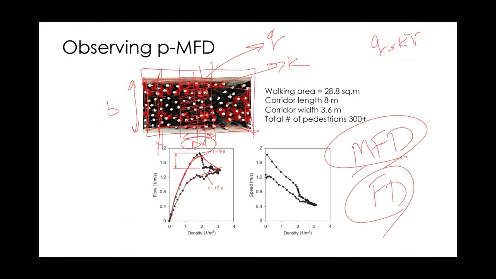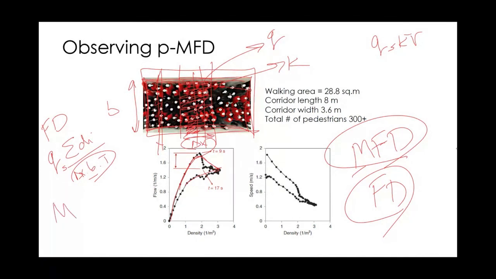Let's say I want to calculate it for the whole corridor. Using Edie's definitions, for example, flow would be the summation of the distance traveled by all trajectories. This is for the FD, multiplied by the volume of the measurement, which in this case is delta x b t.